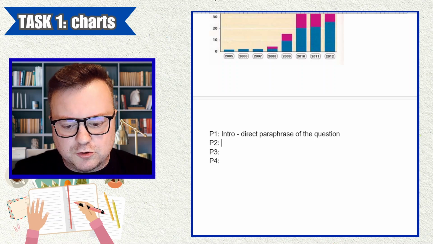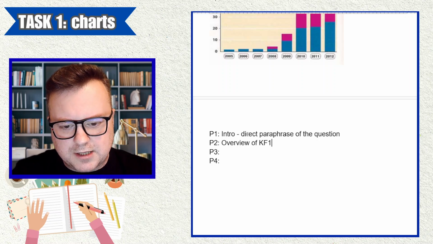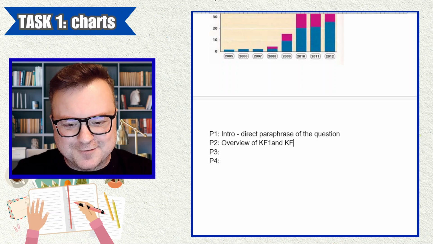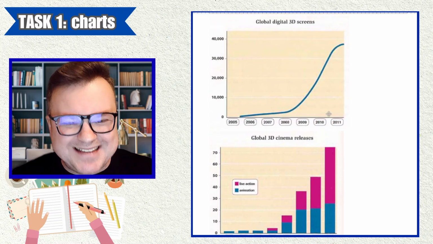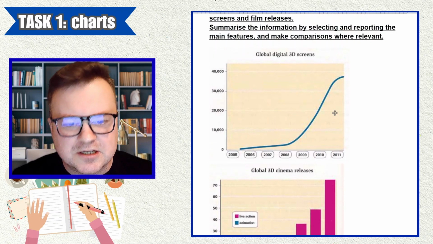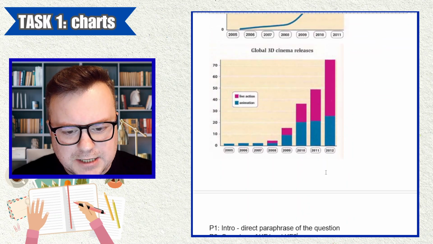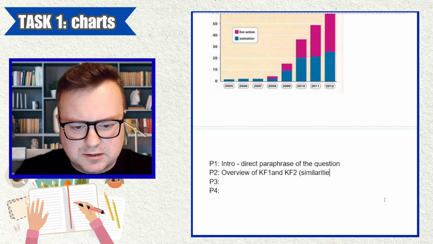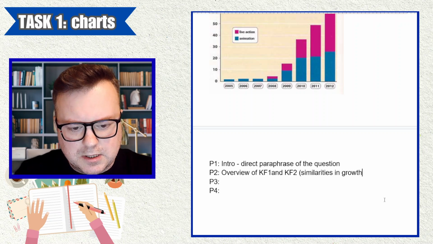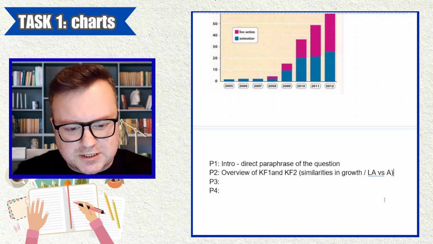Yeah, paragraph 2. This is going to be my overview of key feature 1 and key feature 2. So I'm going to say what the main takeaways, the main ideas from these charts are. And I'm going to just write those. Similarities in growth, and also live action versus animation.